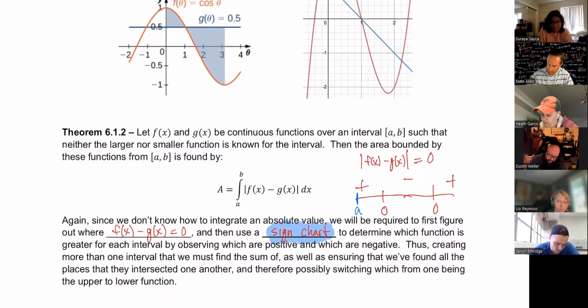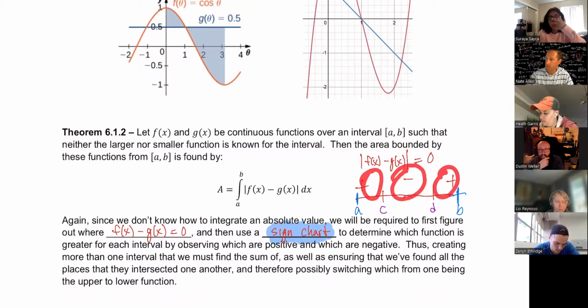Let's say this is my interval, A to B, and instead of just zeros, let's call them a C and a D. Then we would have to split this up into 1, 2, 3 different parts.